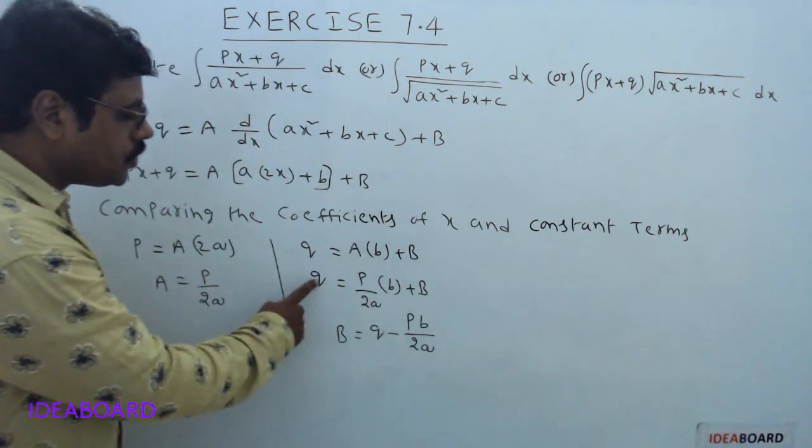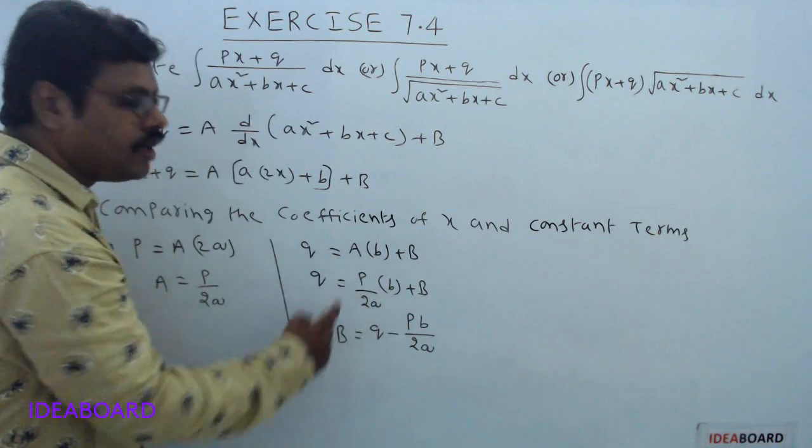Therefore, B is q minus pb divided by 2a.